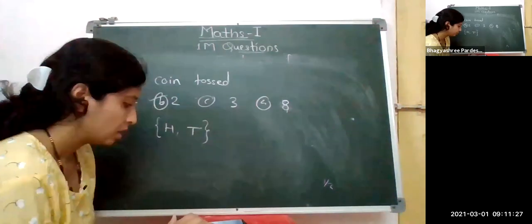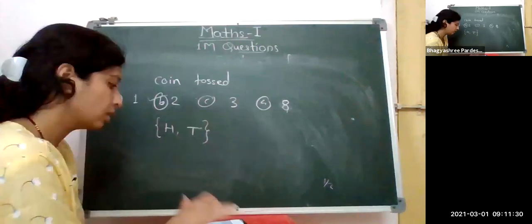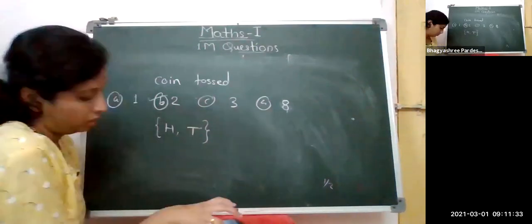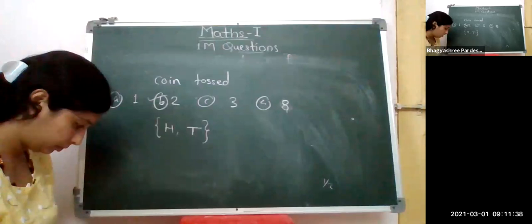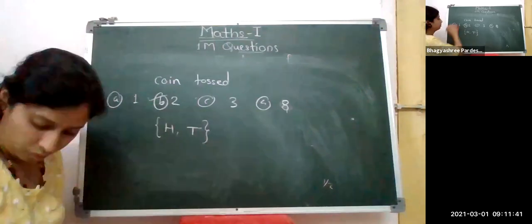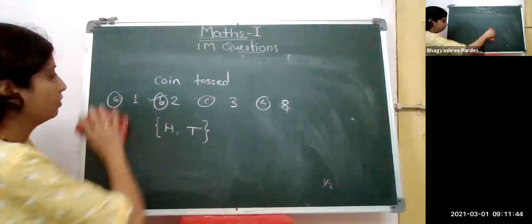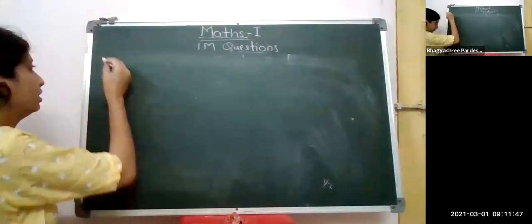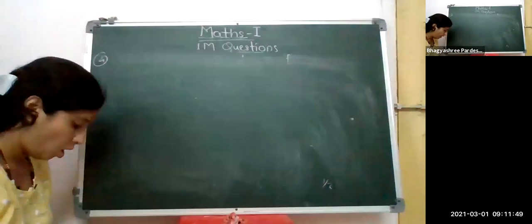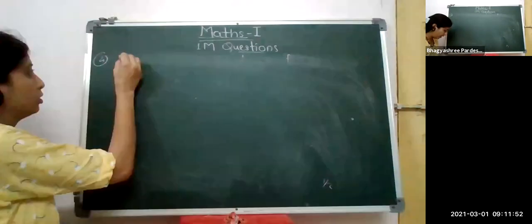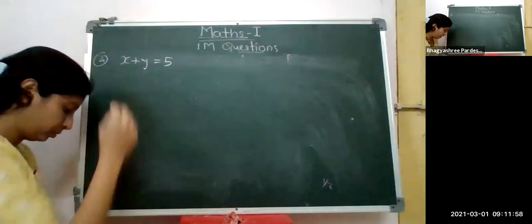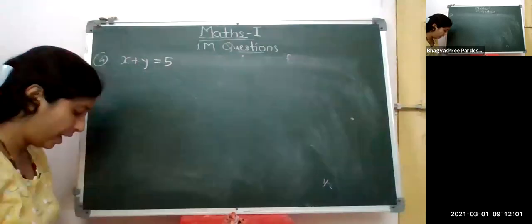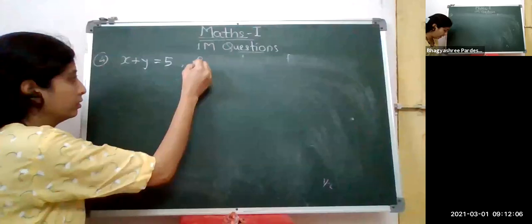Now here, again the same type of question. For drawing a graph of x plus y equals 5, if x equals minus 1, find the value of y.